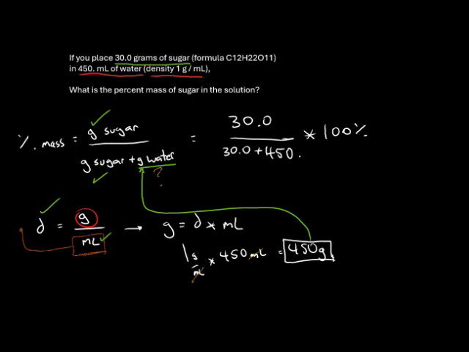Make sure that if you're using certain calculators, you will need to place parentheses around the denominator to show that the entire denominator, 30 plus 450, will be on the bottom of the fraction. With certain calculators, if you don't place the parentheses, you'll end up getting a rather strange answer. The answer we get for this question is 6.25 mass percent of sugar.